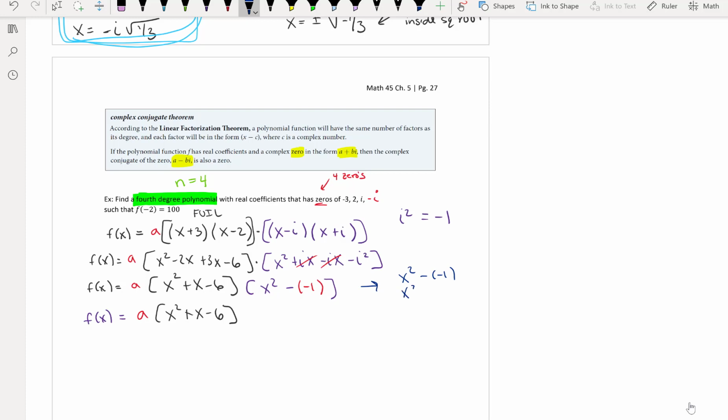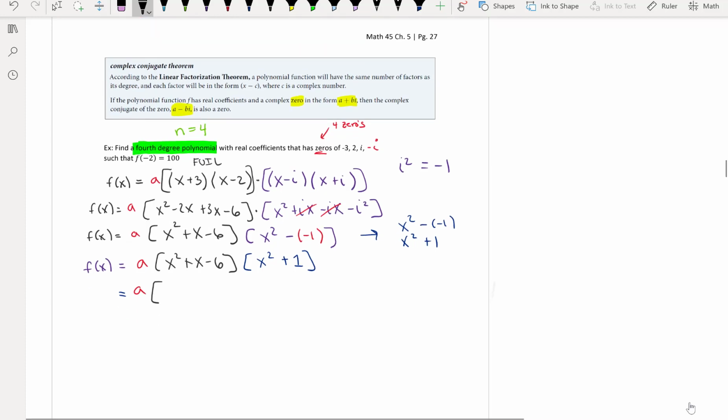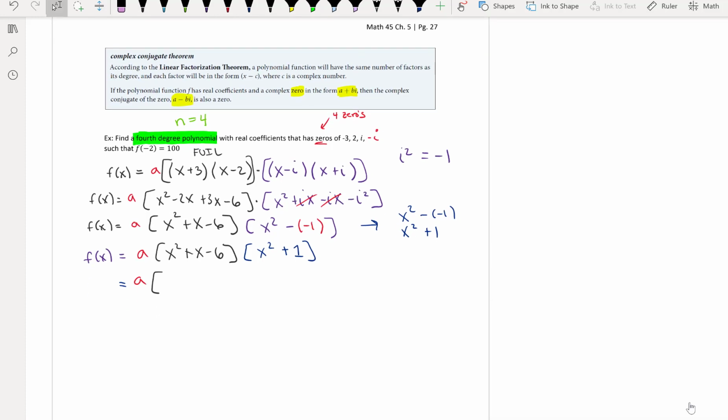It's really x squared plus 1. So I have an x squared plus 1. That's going to get multiplied. So I'm going to have a. And now I'm going to multiply. So I'm going to multiply this trinomial by this binomial.